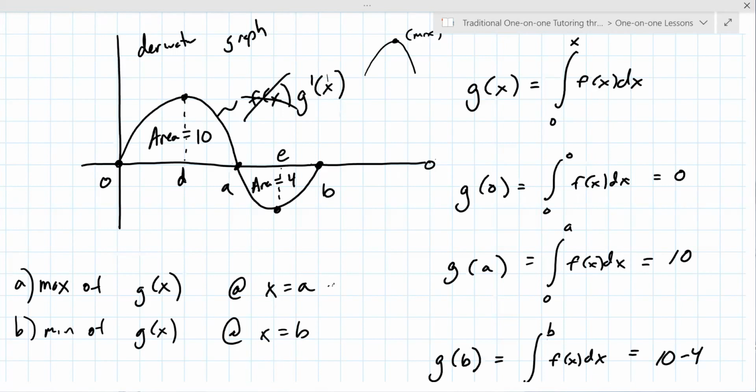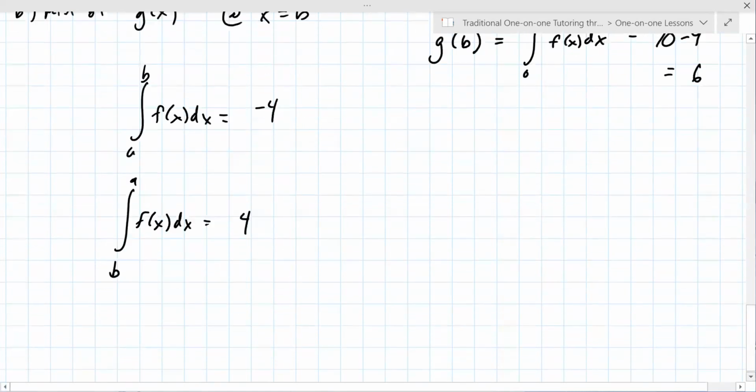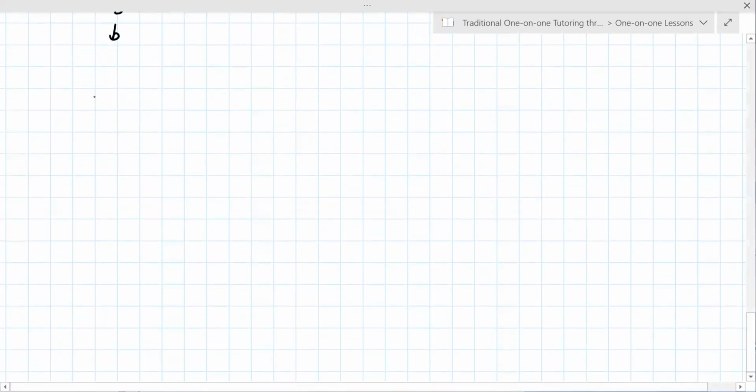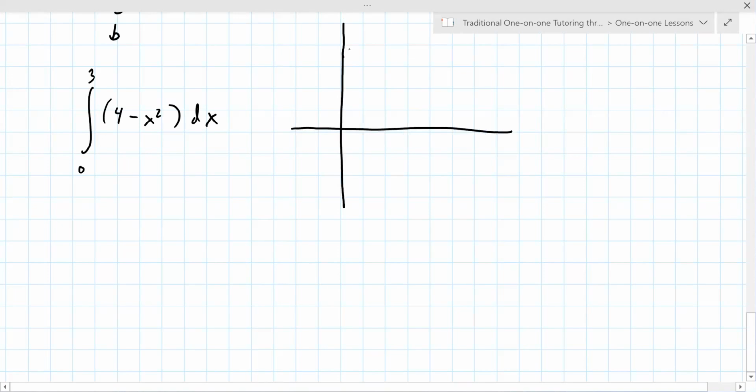Okay. All right. So the next section, it sounds like you can use your calculator for almost everything. But remember that we were having that discussion last night: if I wanted you to find the integral from 0 to 3 of 4 minus x squared dx, depending on the way this is written, you graph here, it starts at 4, it comes down, but then it goes down there.